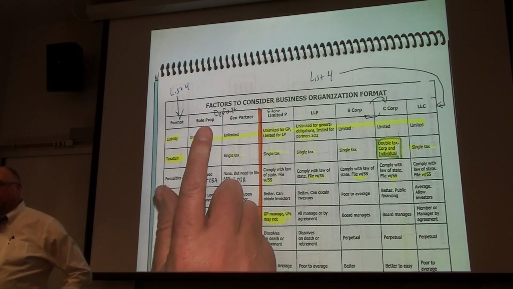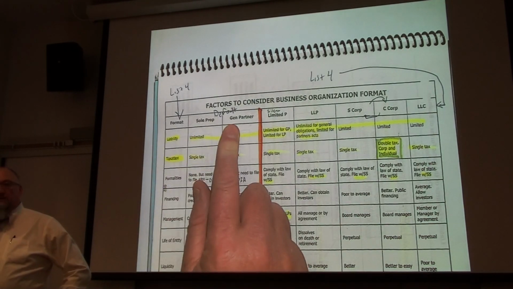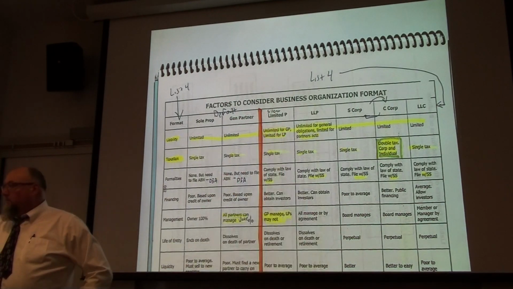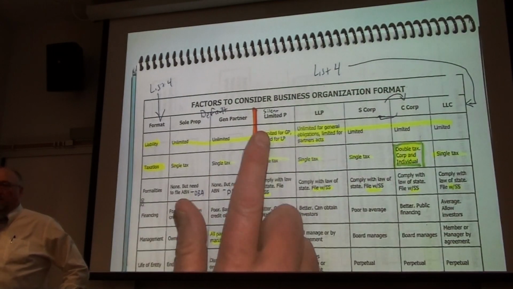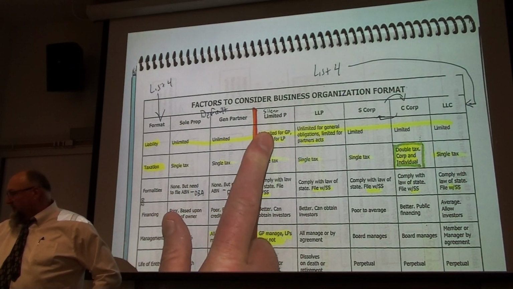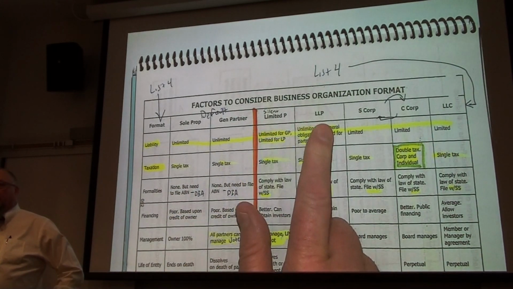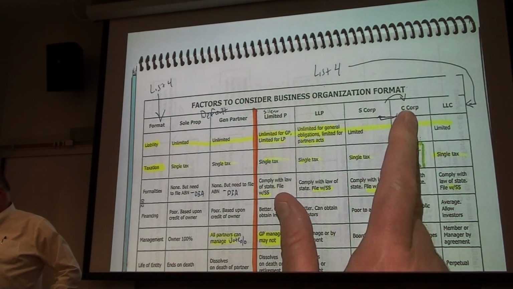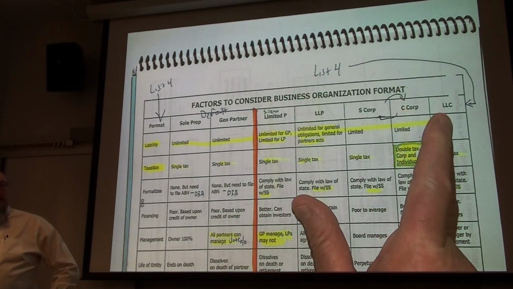So we have a sole proprietorship, general partnership, limited partnership, which is sometimes known as a silent partnership. We'll get to that later. Limited liability partnership, an S corporation, a C corporation, and limited liability company.